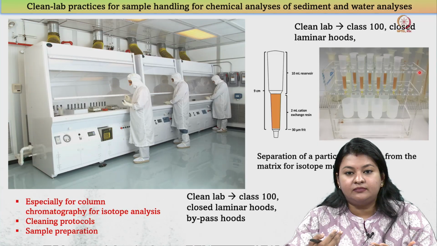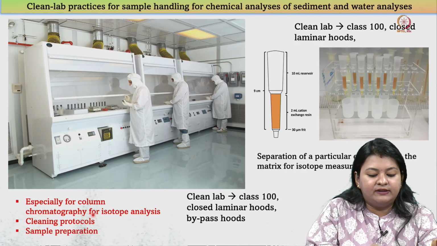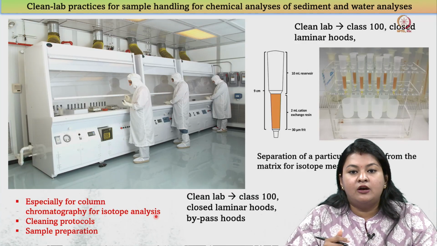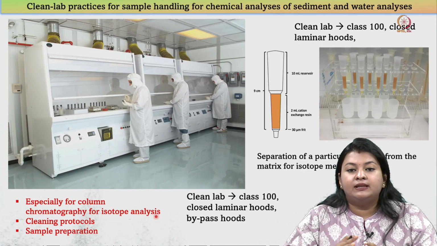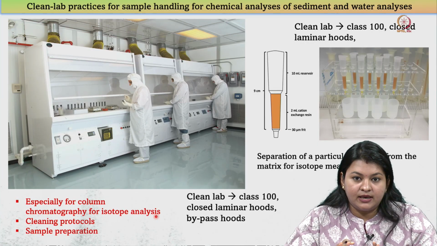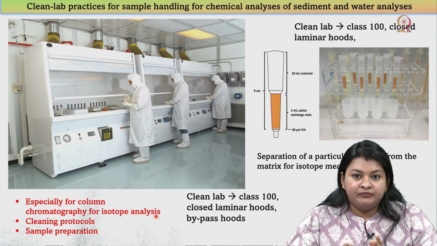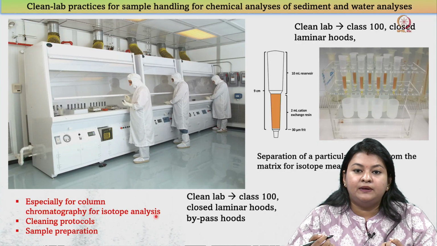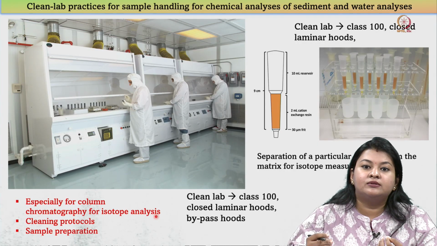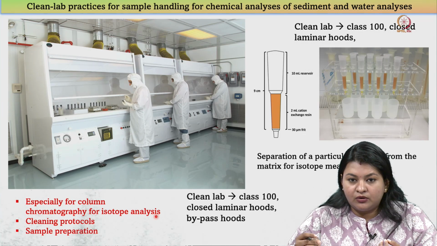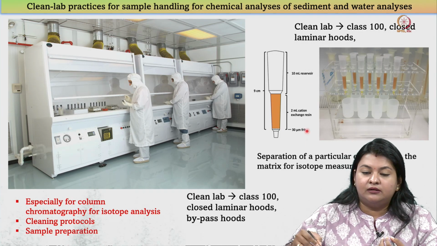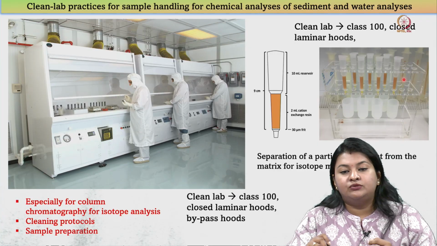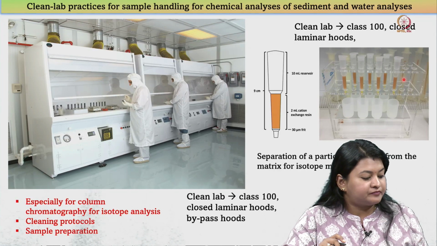The column chromatographic separation for isotope analysis for every element can be highly variable. The time taken will be very different, the procedure will be very different. So, when we do those kinds of analysis, we very strictly follow these protocols and the materials that we are using to get to the right data.